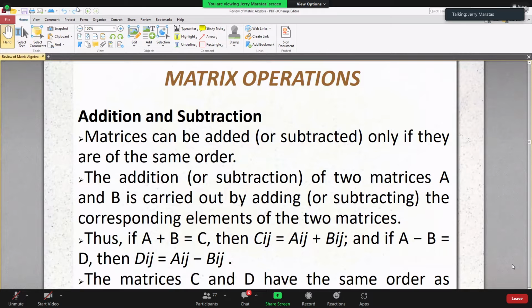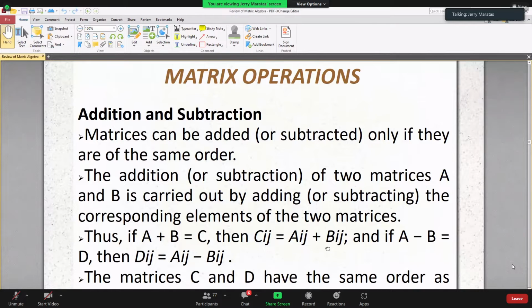So kinahanglan pareho sila og size. The addition or subtraction of two matrices A and B is carried out by simply adding, or if you are subtracting, you subtract the corresponding elements of the two matrices.